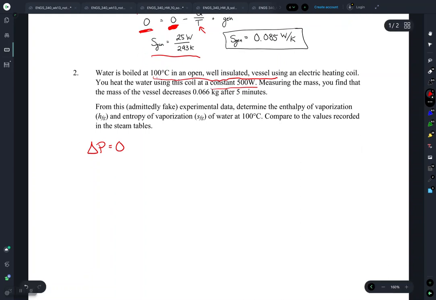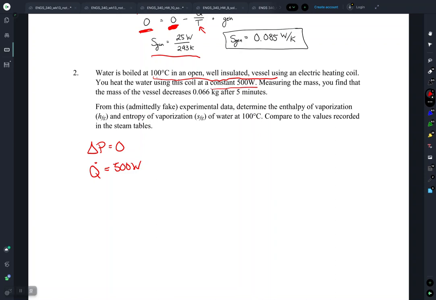So that would be Q dot is 500 watts. That's heat that we're putting in. We're putting it in as electrical energy, but then it's turning into heat because of our resistive heating coil. Then what we're going to do is run that for 5 minutes.